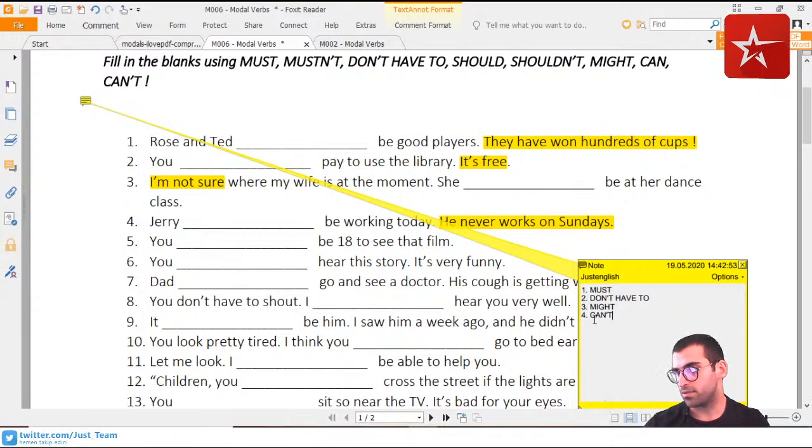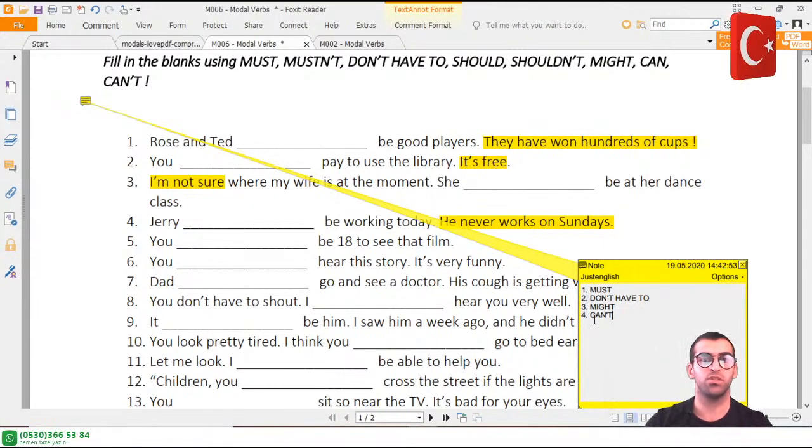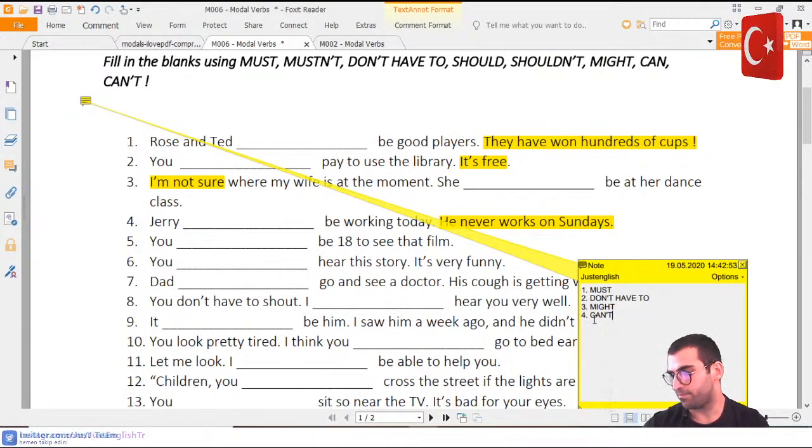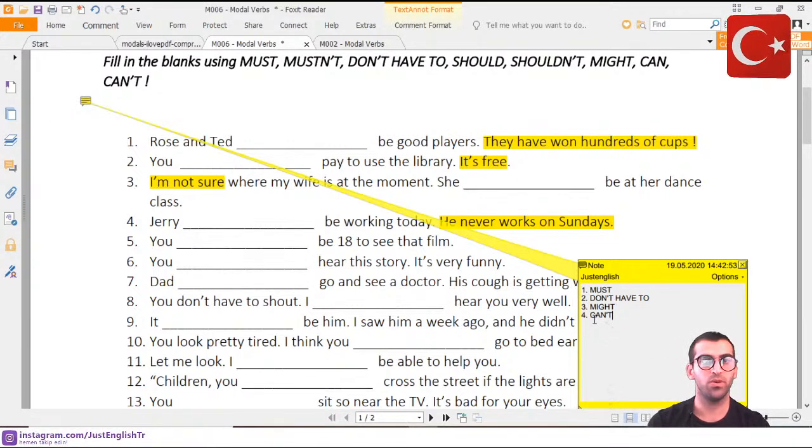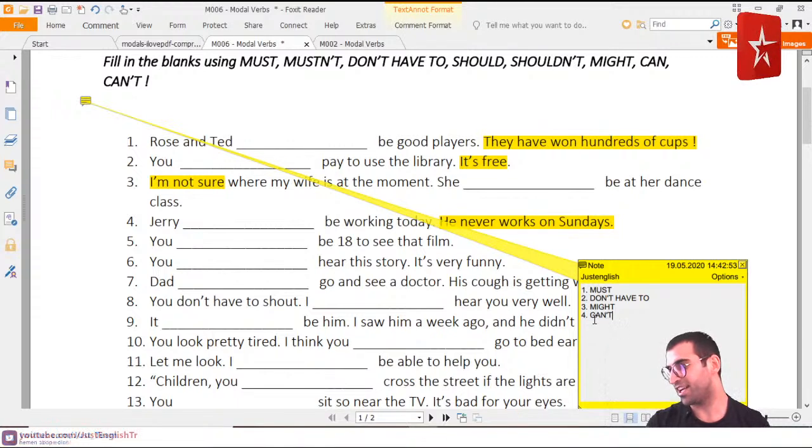Yes, that's great. Okay guys, let's continue with number 5. Which modal verb should we use for number 5? You blah blah blah be 18 to see that film. Dilara says have to. Duygu says must. Ceyda, Sıla, they say must.